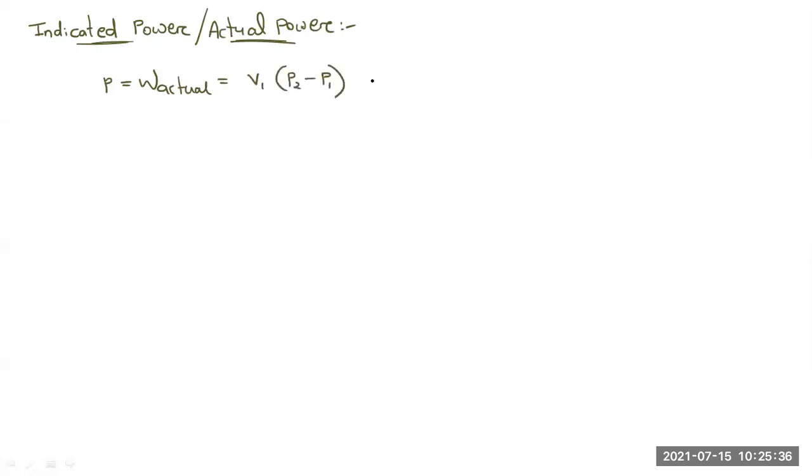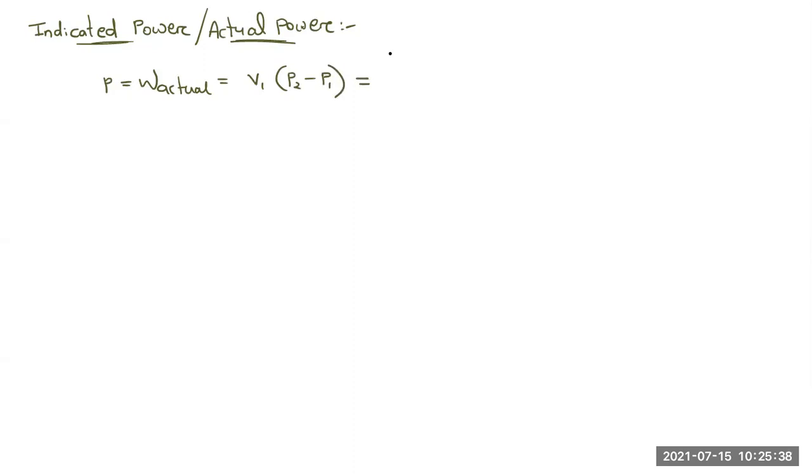Indicated power or actual power: W actual is equal to V1 into P2 minus P1.